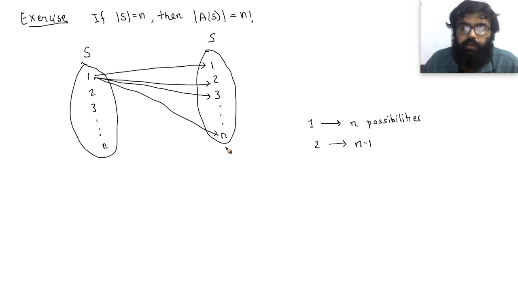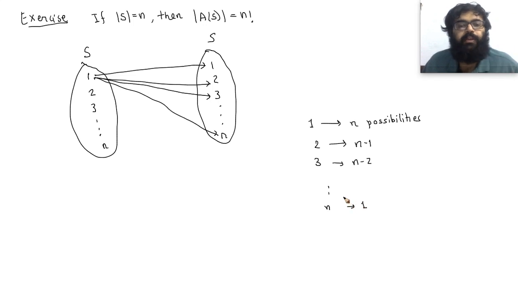Now, what about the possibilities for 3? The image of 1 is already there, say the image of 1 is 5 and the image of 2 is, let us say, 8. Then the image of 3 cannot be 5 and it cannot be 8. It can be any of the other n minus 2. So n minus 2 possibilities for this, and so on. The last one will be fixed. Once you fix the first n minus 1, the last one will have no choice. So what is the total number of possibilities?